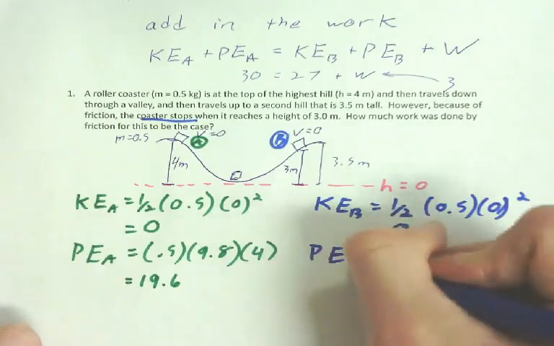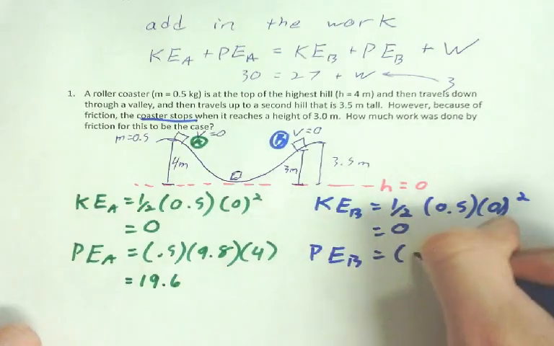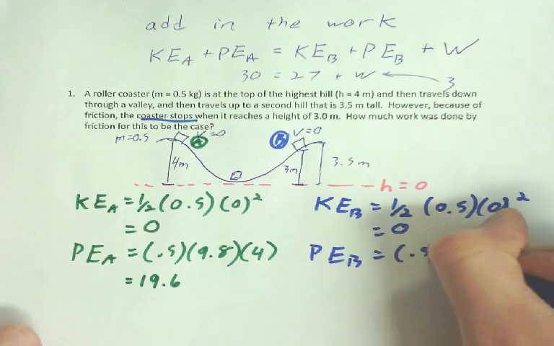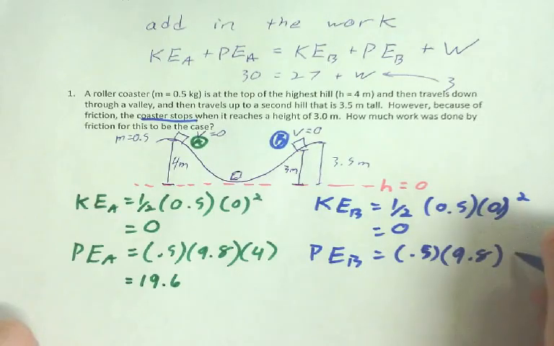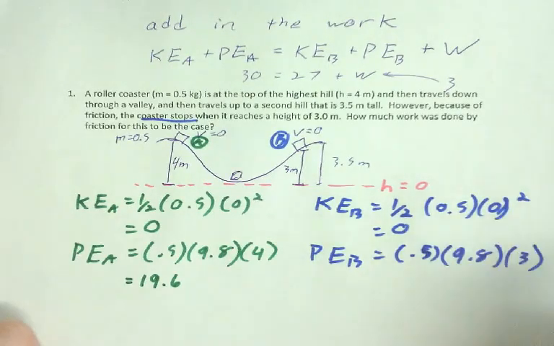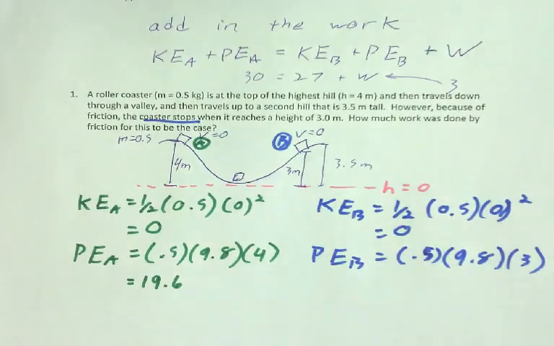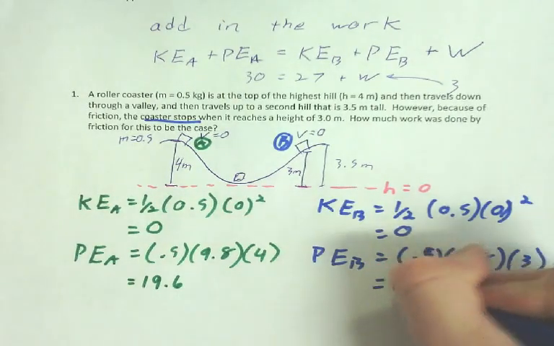Potential energy at B, mgh, but this time the height is 3. That gives 14.7.